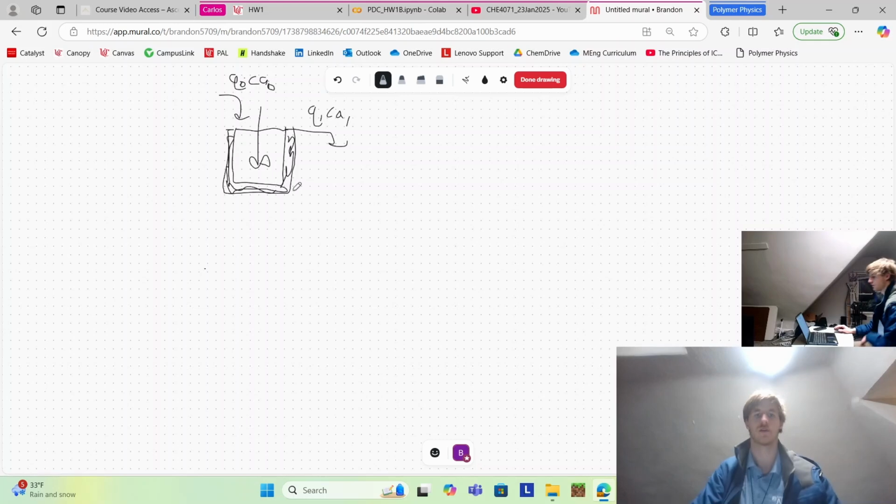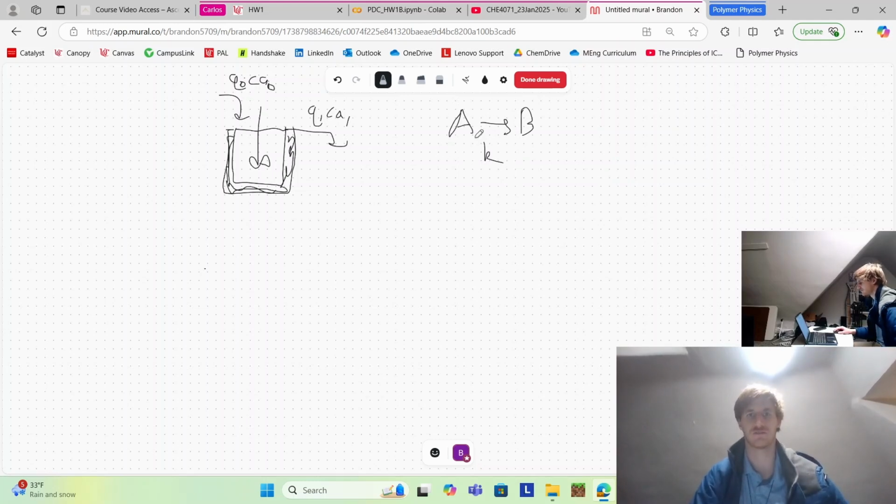So what we want to do, in this tank reactor, we will just be going from A to B at some reaction rate K. And that K will be derived from our Arrhenius equation later in Python.